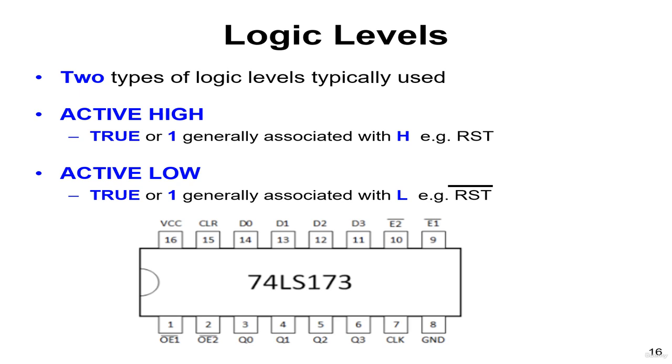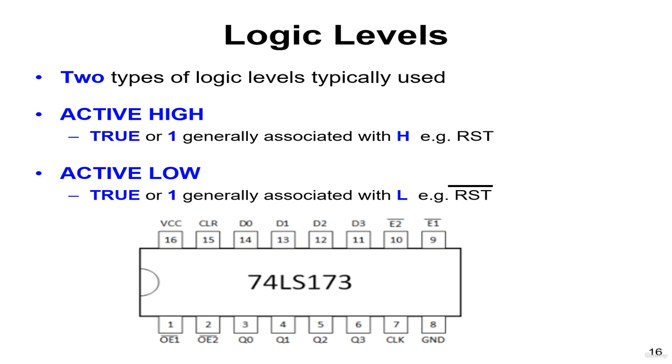Here 5 volts represents a digital 1 and 0 volts represents a digital 0. On the other hand, active low means the signal will be performing its function when its logic level is 0. Here 5 volts represents a digital 0 and 0 volts represents a digital 1.